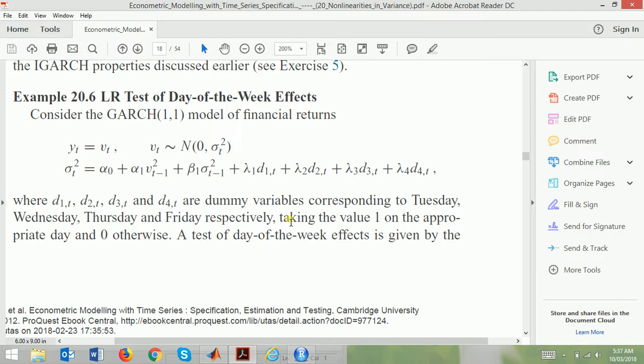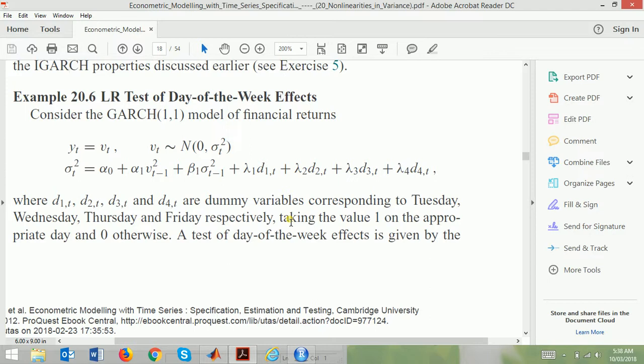So up until this our GARCH model ends. Then we have the additional lambda 1 d1t plus lambda 2 d2t plus lambda 3 d3t plus lambda 4 d4t, which is our day of the week effect. The other effects are coming into play.